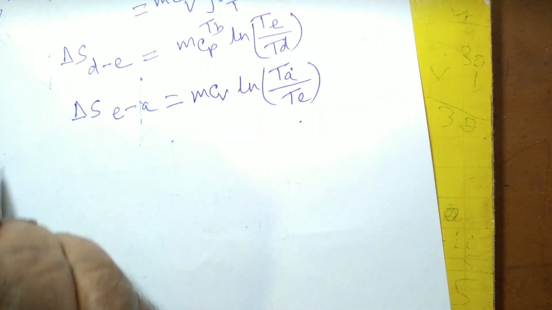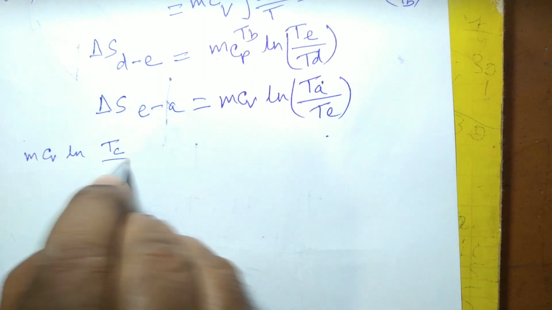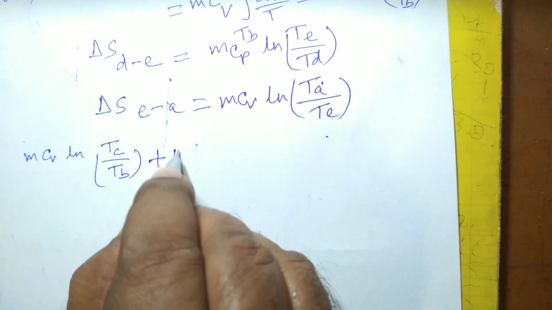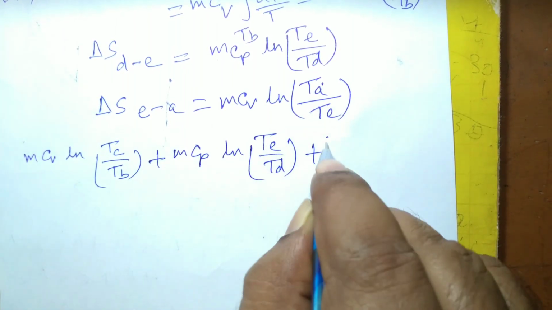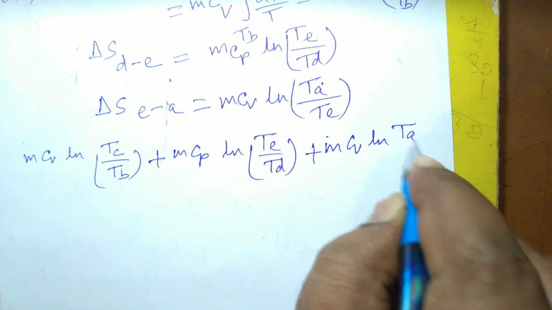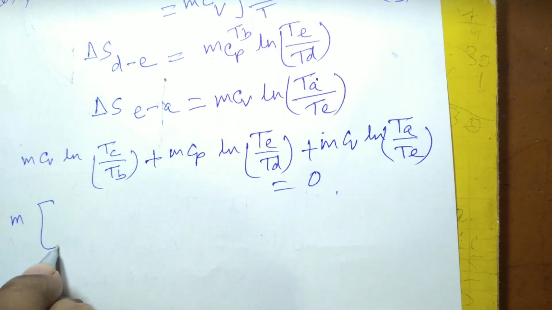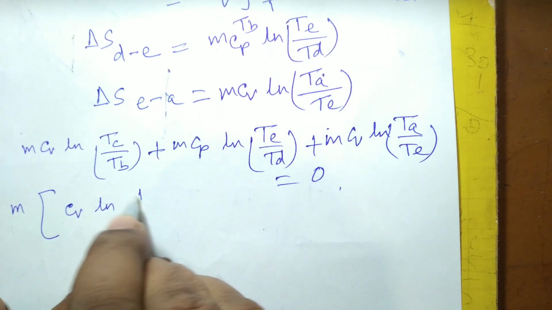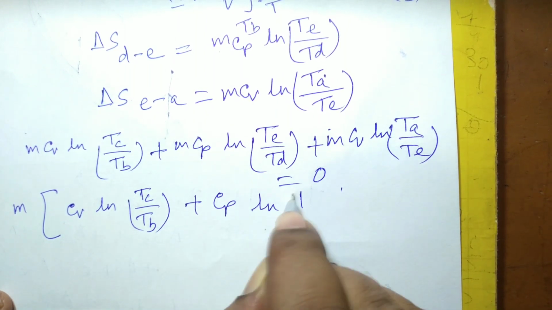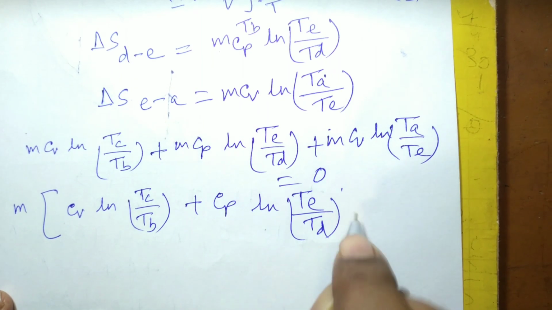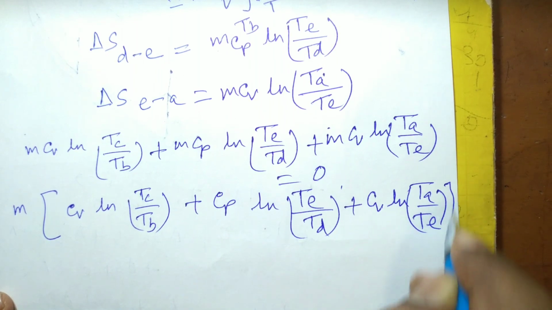So just by putting these values, I will find mCv ln TC upon TB plus mCp ln TE upon TD plus mCv ln TA upon TE equal to 0. So now m times the bracket: Cv ln TC by TB plus Cp ln TE upon TD plus Cv ln TA upon TE is equal to 0.